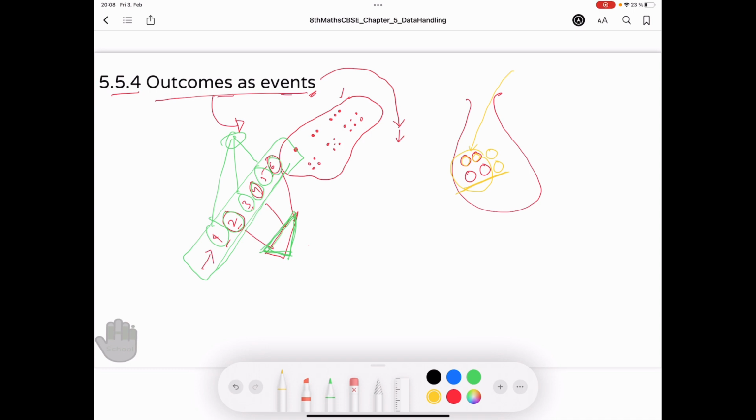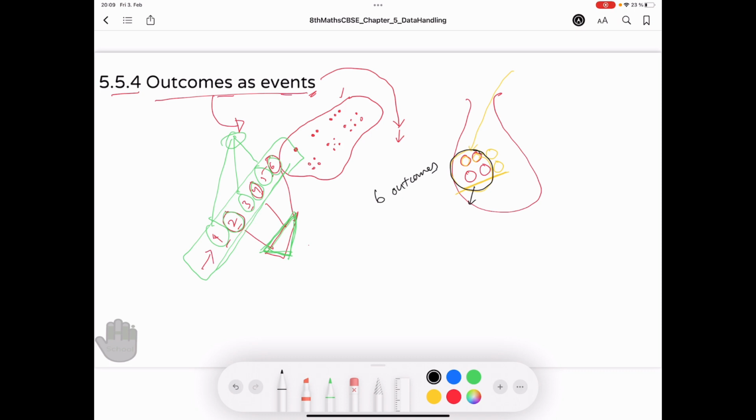Now we are looking at the probability of pulling out a red ball. There are 4 red balls, so this is a group. That's an event here. Getting a red ball is an event because there are 4 red balls in a group.